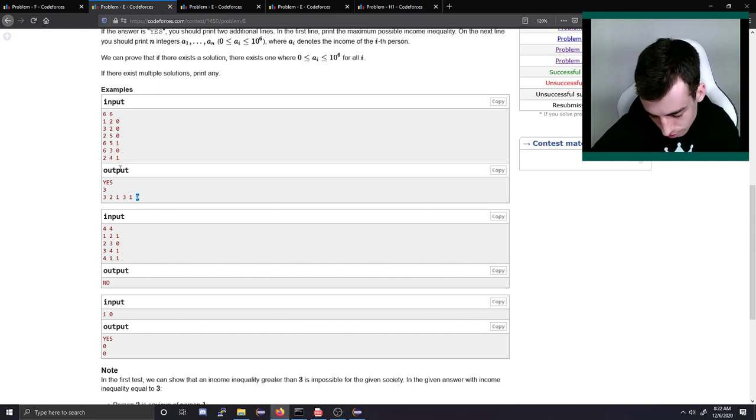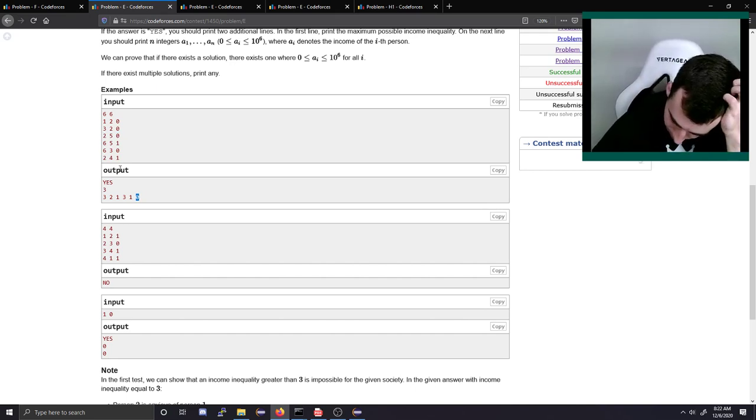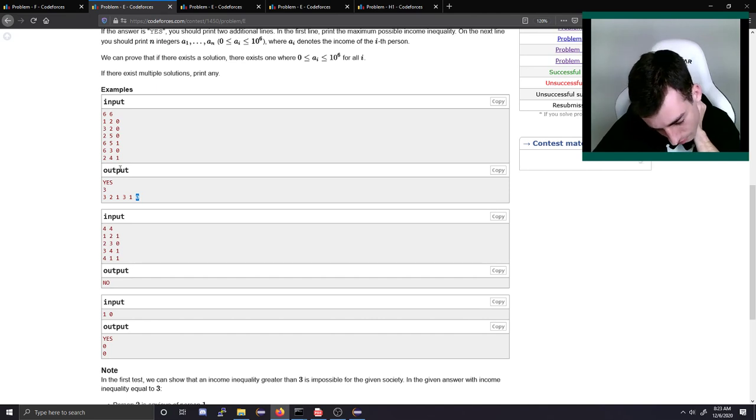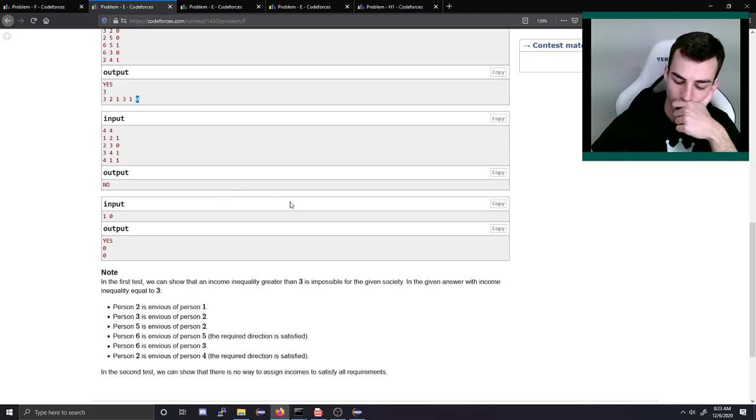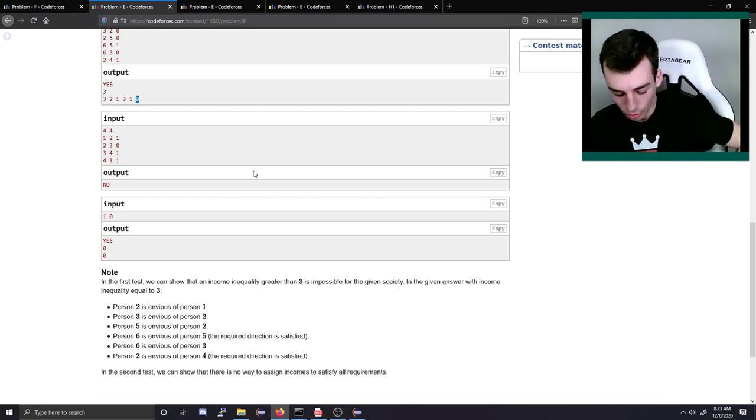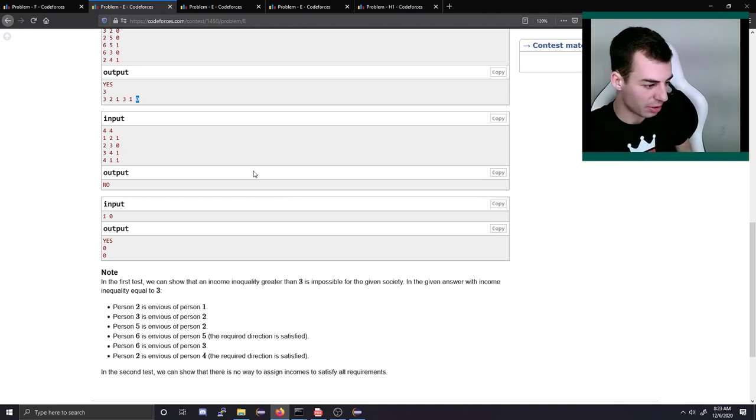Yeah, there are a bunch of ways of doing this. We need all paths from a node back to itself to be equal to 0.